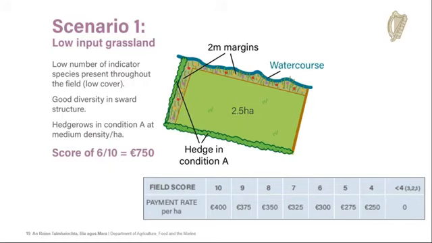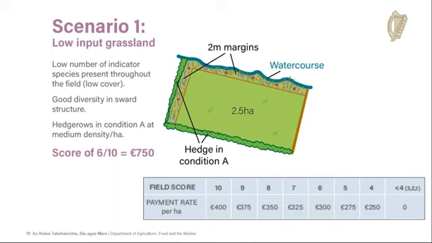The other boundaries have a hedgerow in good condition at medium density per hectare, calculated through GLAMS, on the west and southern boundaries. And on the north, there's a water course. And then the farmer has chosen to put in 2 meter margins along 2 sides of the field.